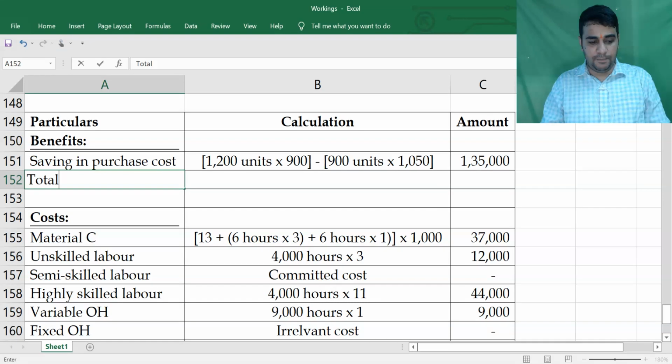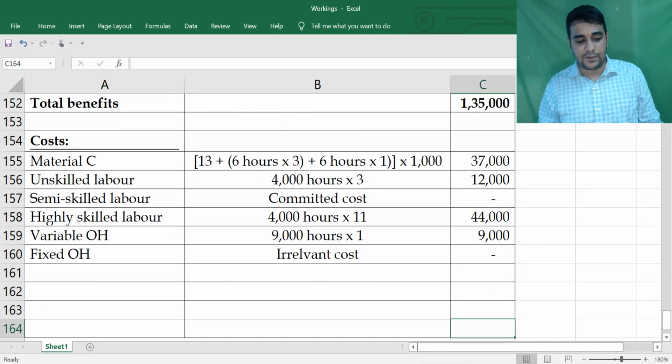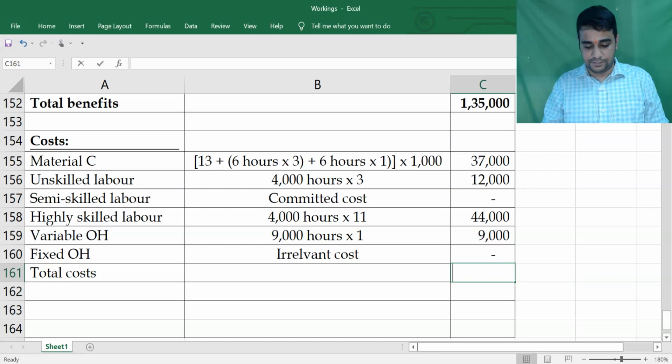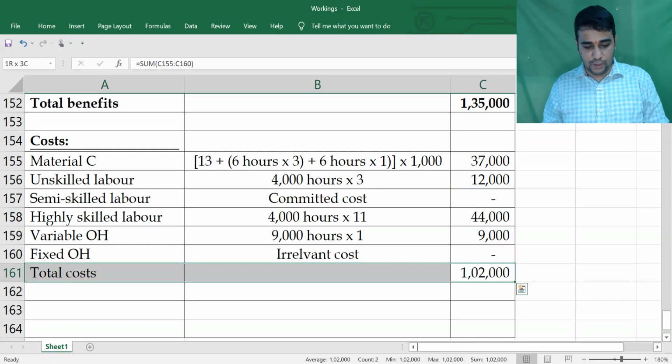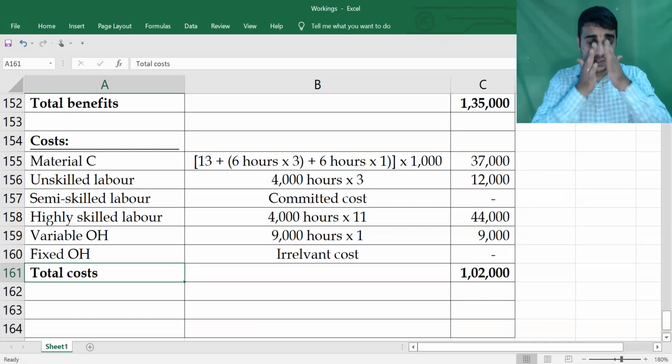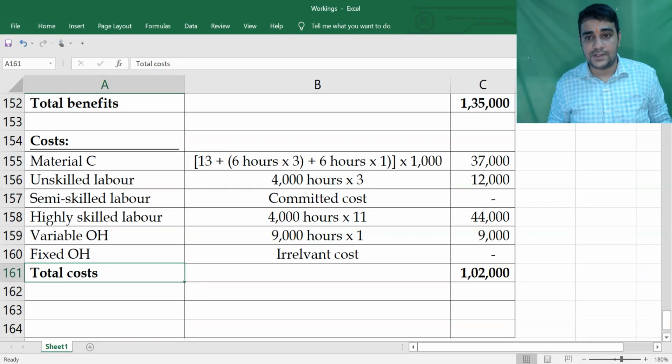So, total benefits 1,35,000. Total costs 1,02,000. Total benefits 1,35,000. Total cost is 1,02,000.